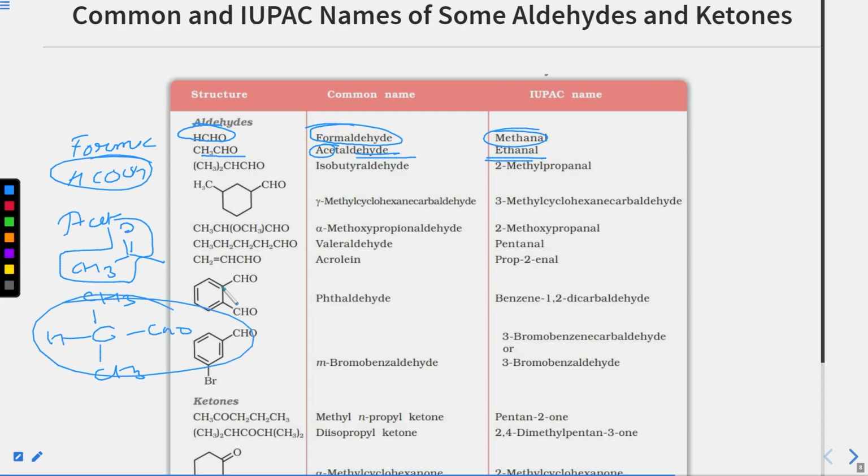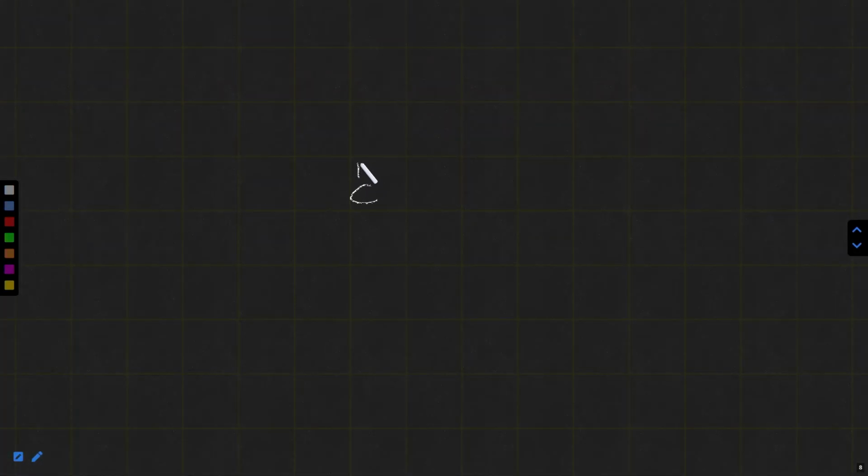And what is its name? So if you try to name it, let us do the nomenclature of it. Okay, so this is 1, this is 2, this is 3. So how will we name it?